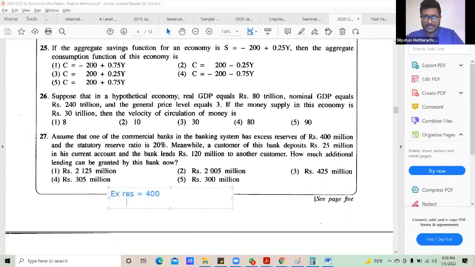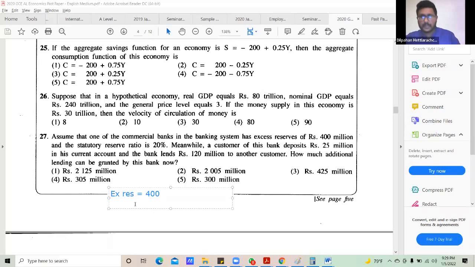So then what is the addition that you can make to this excess reserve? Is it 25? So is the excess reserve now 425? No. Why? From this new 25 deposit, since SRR is 20%, this bank needs to keep 20% of 25. So 25 into 20%, the answer is 5.